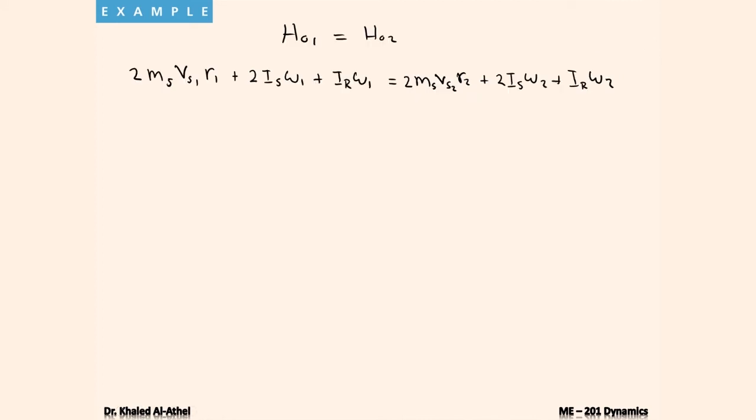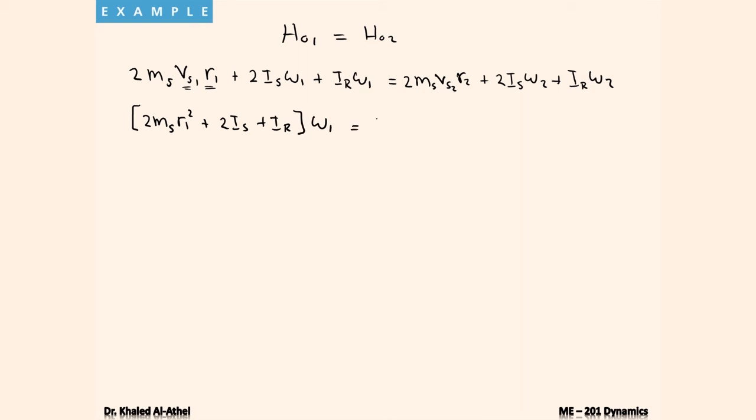Okay. So I'm going to write this as a relation to omega 1. So I'm going to open a bracket. I'm going to have 2 ms. Now V equals omega R. So I'm going to have R squared. Right? So it's going to be R1 squared because I have one R here and one R coming from V equal omega R. So 2 ms R squared plus 2 I sphere plus IR, all of this multiplied by omega 1.